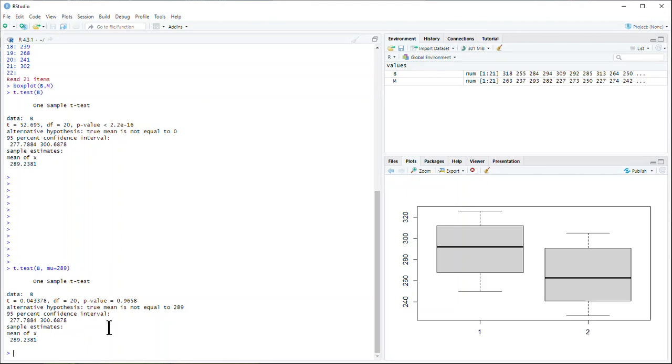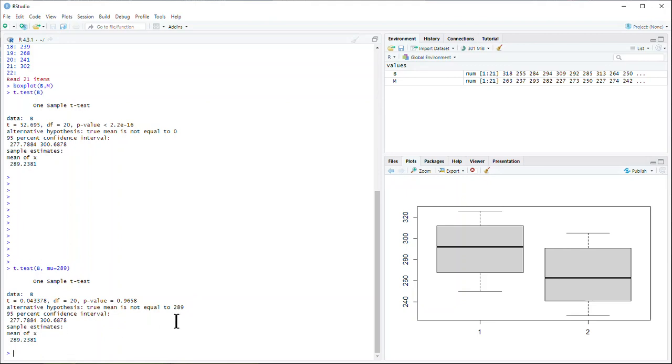So what that means is I think they're equal, right? But remember, in statistical testing, I'm not allowed to prove anything's equal. The true mean is not equal to 289. I have a really high p-value. And basically that means the probability that my results are due to randomness is really high. And I put the value 289 inside my confidence interval, right?